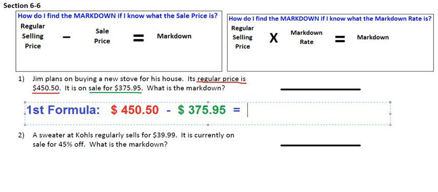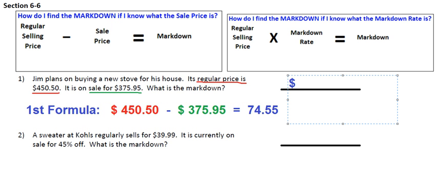And so, if we use our calculators, just to make sure we get our math correct, and we subtract things out, we find that the answer is $74.55. We've shown our work. We just need to write the correct answer on the line provided. It's pretty simple, doing a little bit of subtraction for this first one. Let's look at problem number 2 and see what formula we're going to use there.